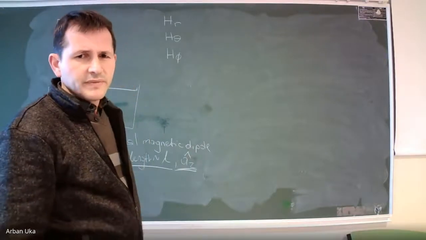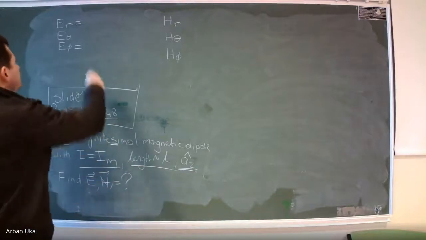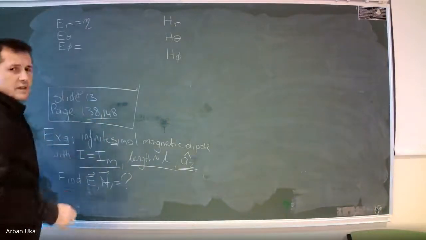Well, E5 is 0. And ER, it is eta. Can you confirm whether I'm writing this correctly?